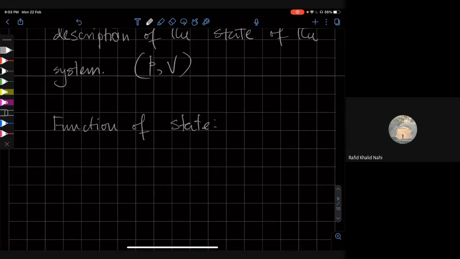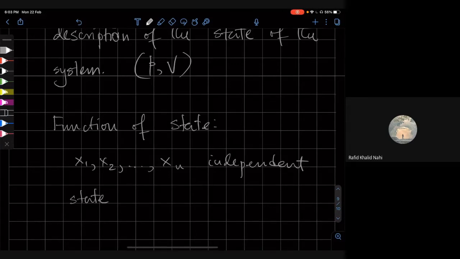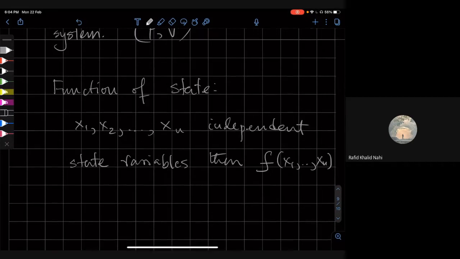It says if, say, x1, x2, ... xn are your independent state variables. Independent is redundant here, but I'm writing it anyway. State variables. Then any function of it is a state function, is a function of state.